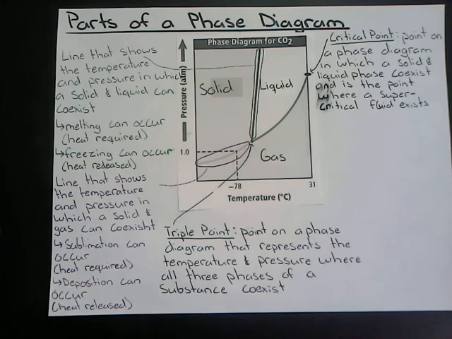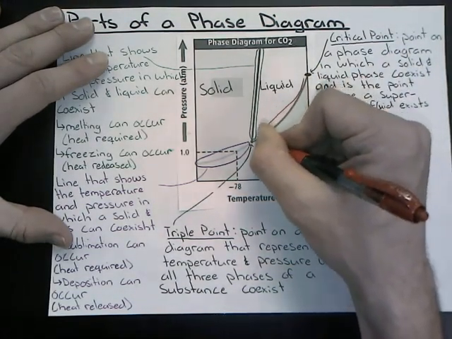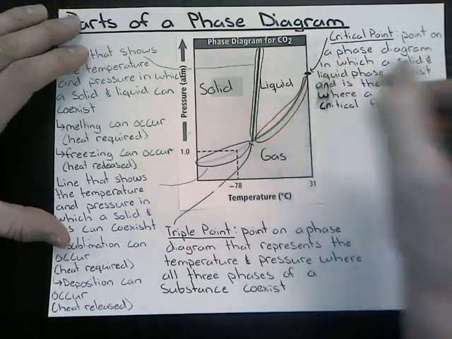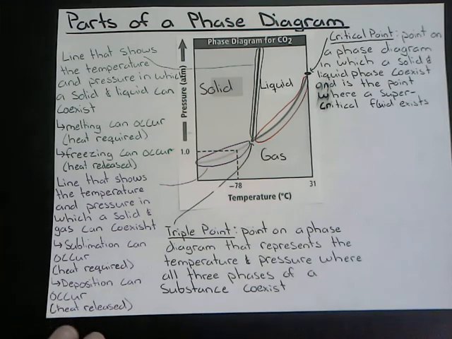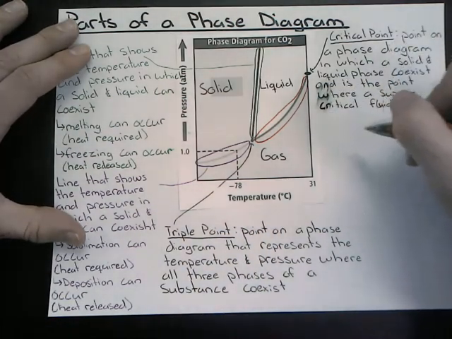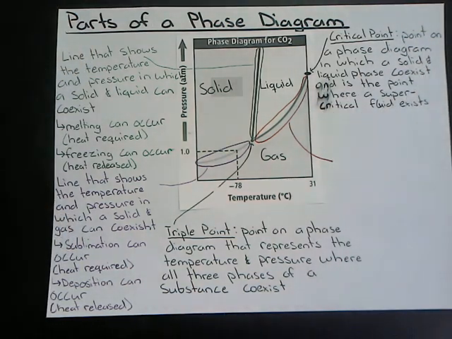Okay, so the last line that we need to talk about, and the last part of our phase diagram here, is this line that separates a gas from a liquid. And I'm going to circle this in red. And this line that I've circled in red is the line that shows the temperature and pressure in which a liquid and gas can coexist.